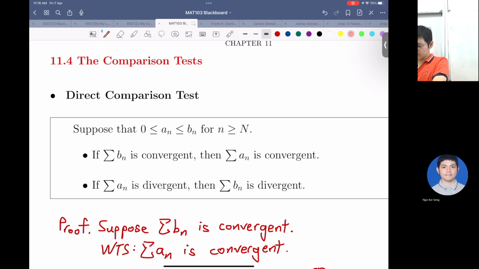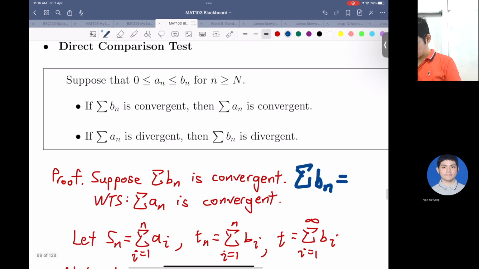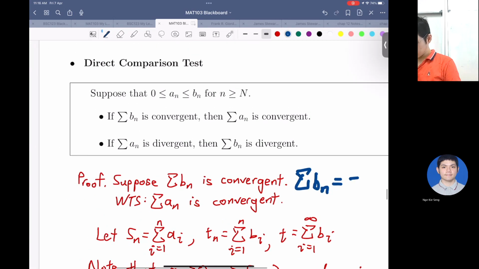We want to show that the series of An converges to a finite sum. But we already know that the series of Bn converges to something. Maybe we call it T in this case.